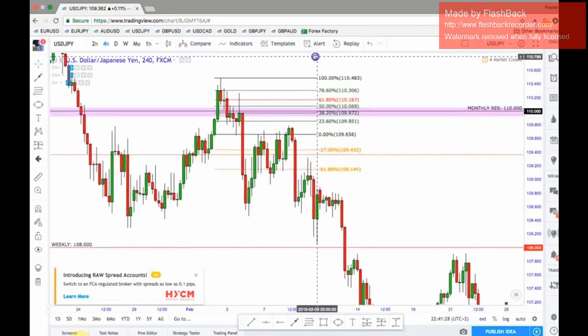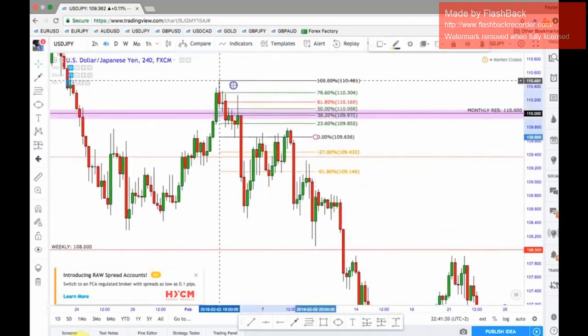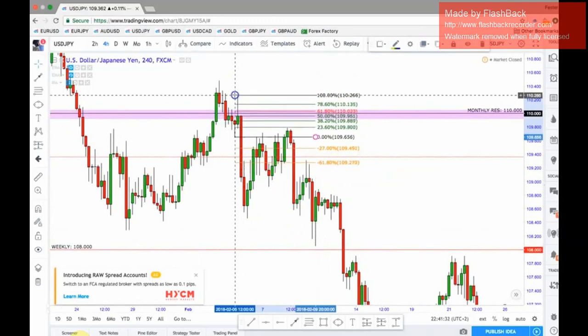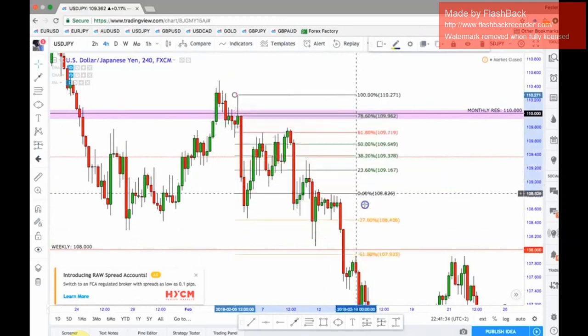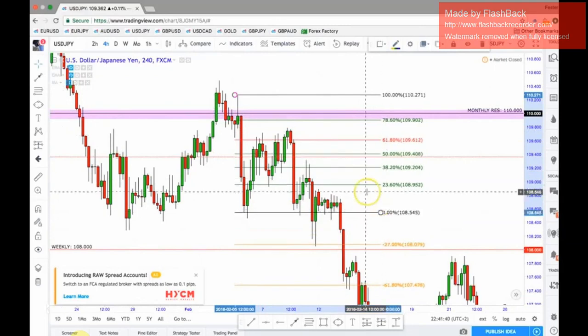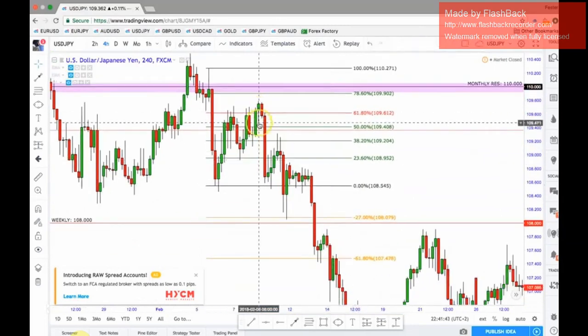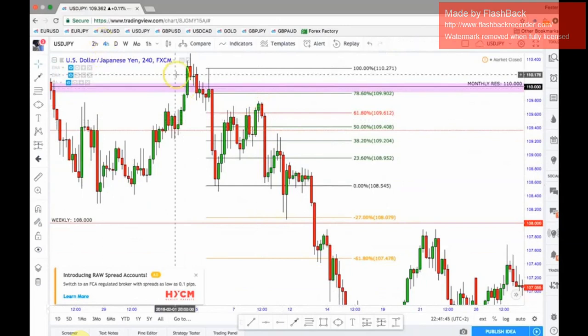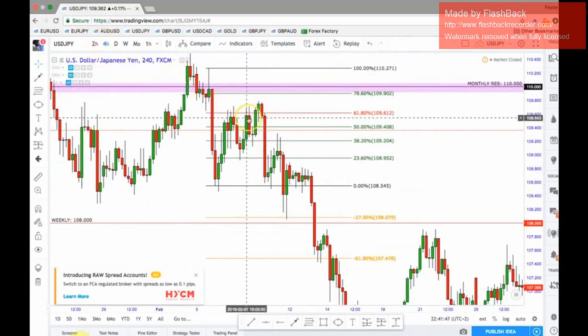I'm trying to find a 61.8. So let's say that is your C point, which it is. And we now take it down to the bottom of this candle. Here we go. See, now we have a nice bearish engulfing based off the 4-hour time frame off the 78.6 and also breaking that support level.